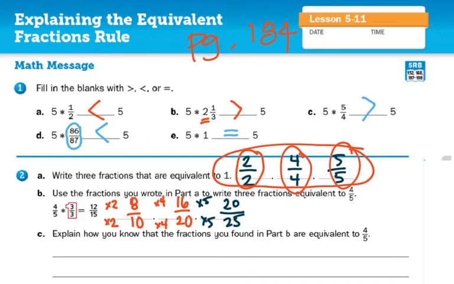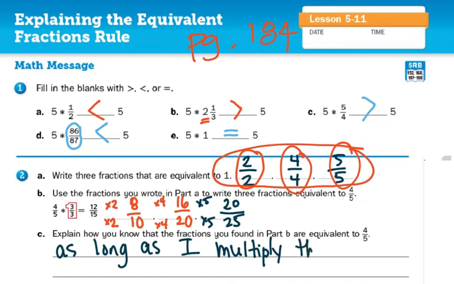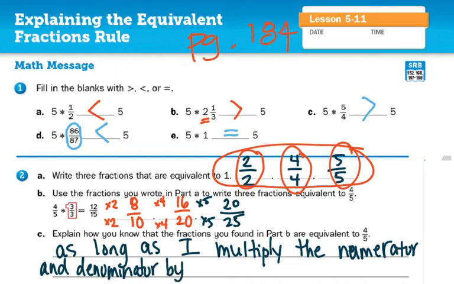Explain how you know that the fractions you found in part B are equivalent to 4/5. So as long as I multiply the numerator and denominator by the same number.